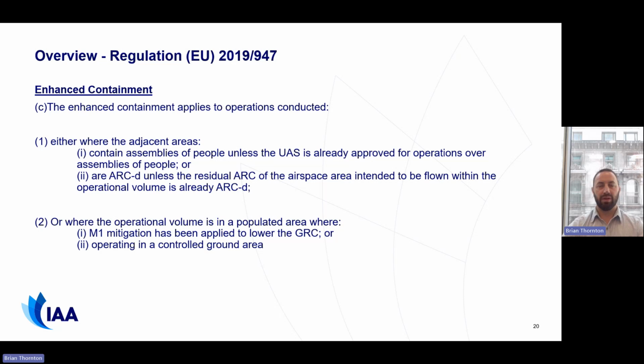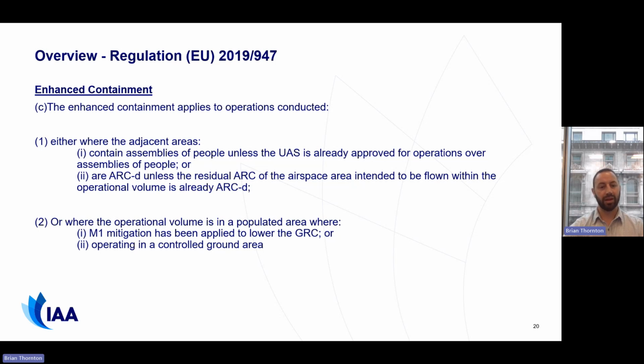assemblies of people. Enhanced containment applies where, if you as an operator or an applicant intend to operate, for example, in a populated environment, and there is a football stadium near your area of operation, you need to consider that within your risk assessment for conducting that operation. If you have a football stadium adjacent to your area of operation, most likely enhanced containment applies.